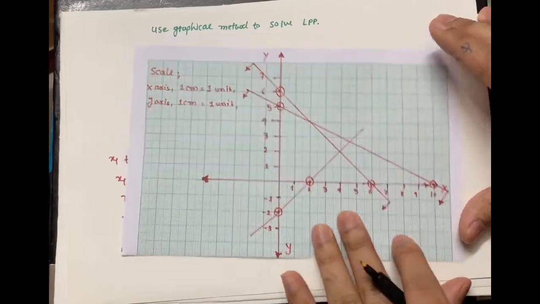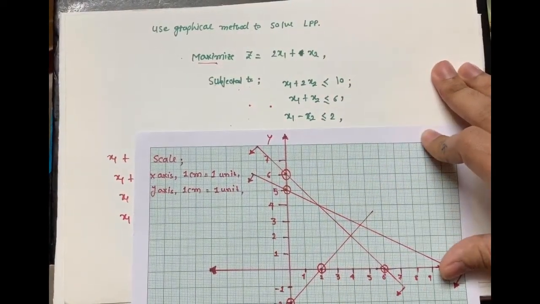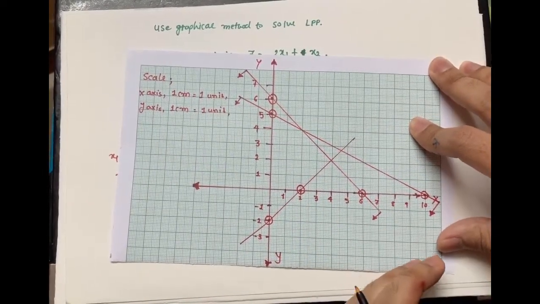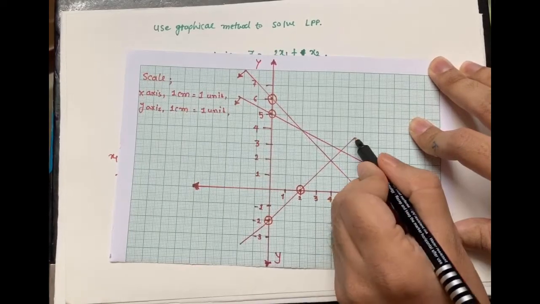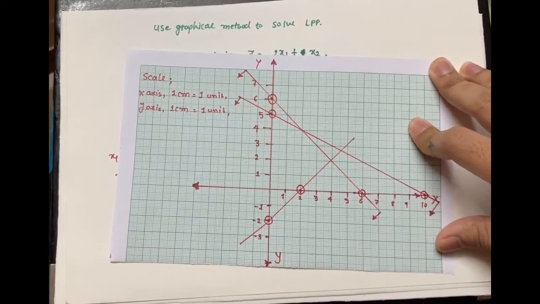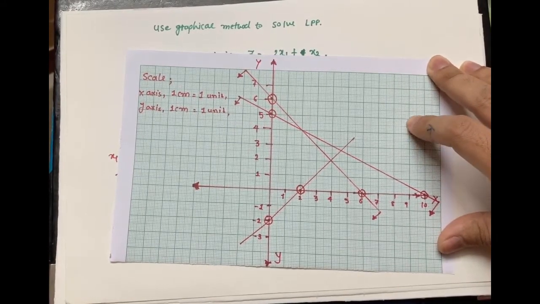Now the sign is less than or equal to, x1 minus x2 is less than or equal to 2. So which region do I need to consider? Do I show the arrows moving downward or moving upward? So what should I do?